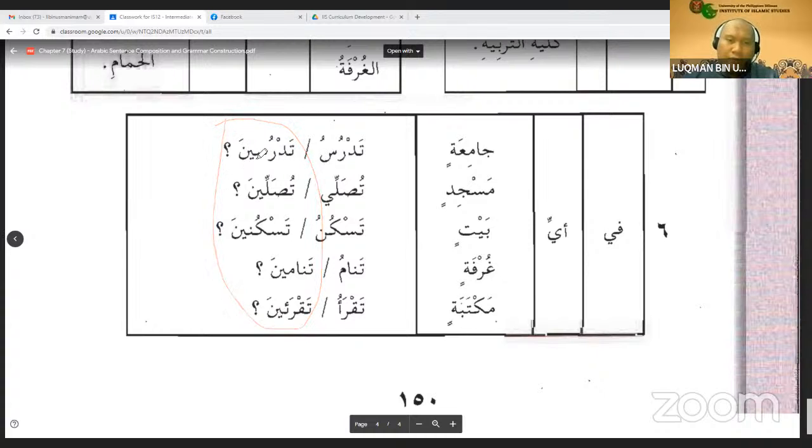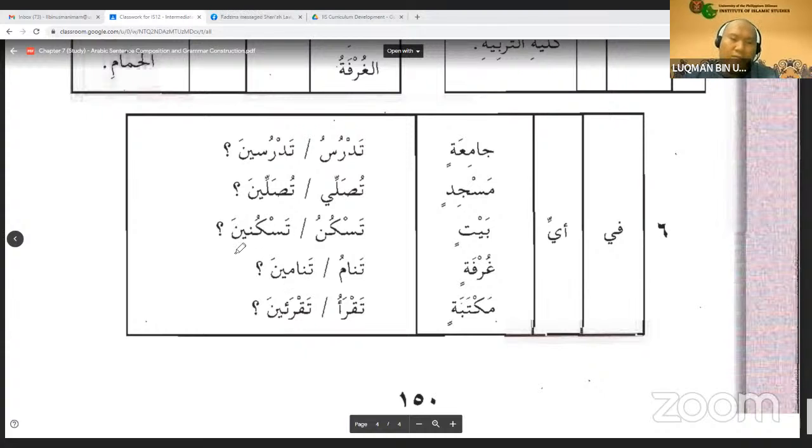So observe, there's an additional ya and nun onto the usual format. You just add ya and nun. This is the sign, or ya on niswa, a feminine ya added to the second person of the imperfect tense to make the imperfect tense of the verb feminine.